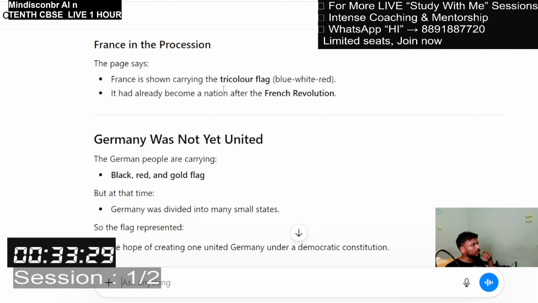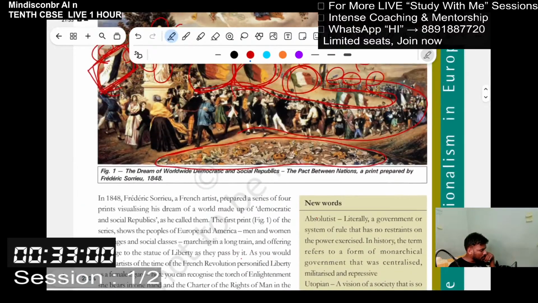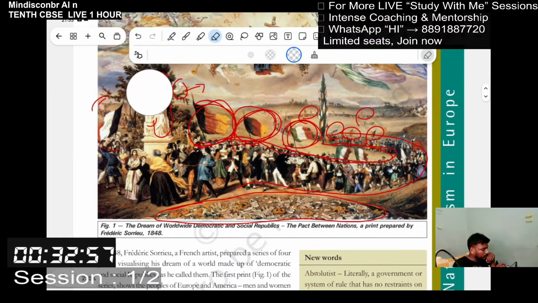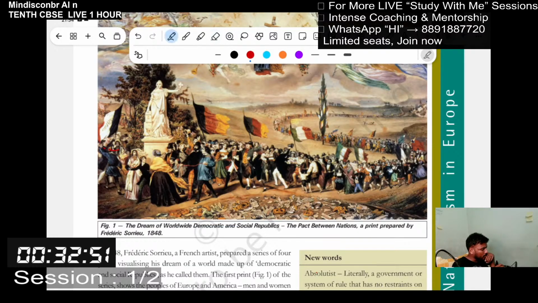What is the color of the French flag? It's a tricolor. Which are the colors? Blue, white, and red. And it had already become a nation after the French Revolution. Here in the figure, this is the France flag.